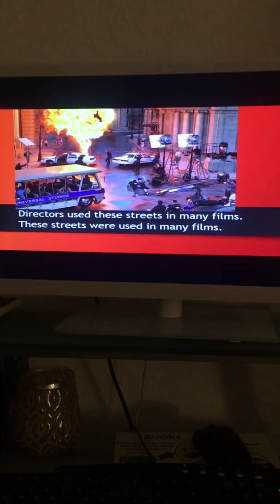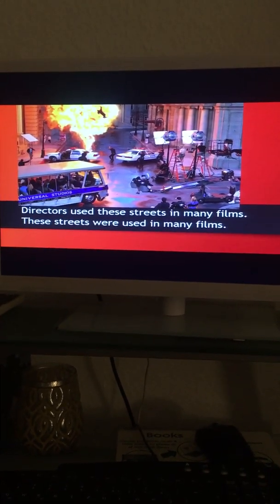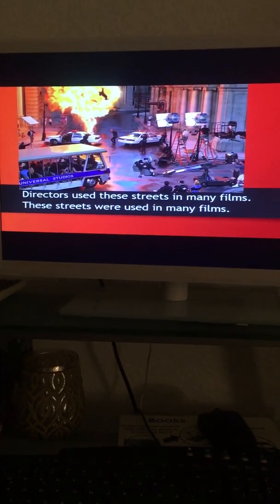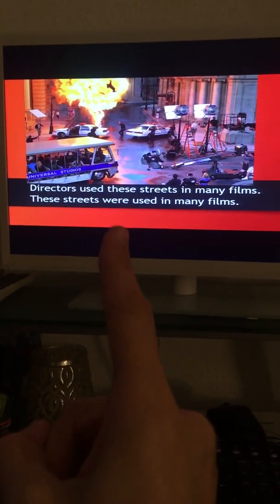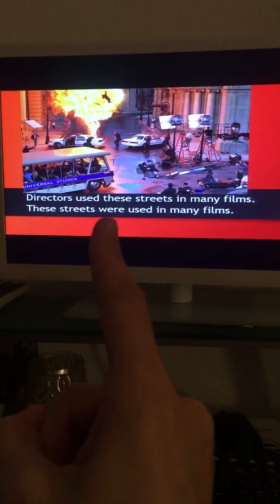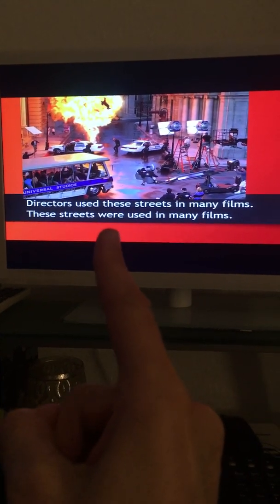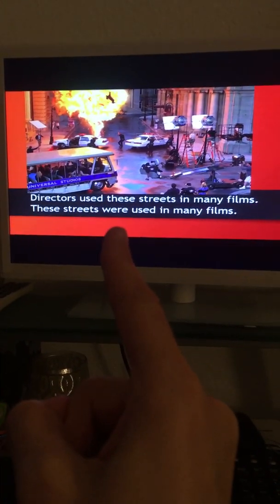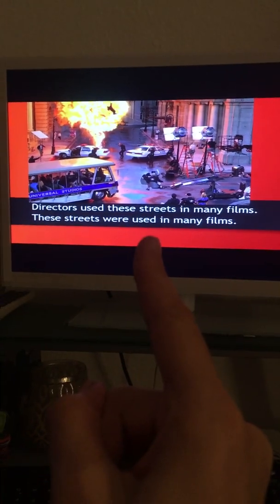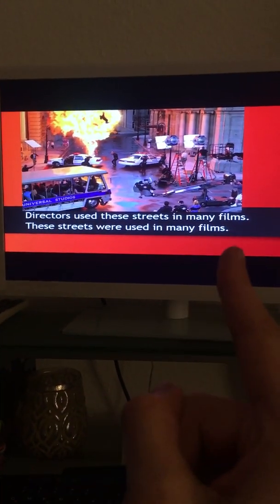Yes, it's the second one again. These streets at the beginning. Then we've got were, which is a form of to be, but in the past tense. The streets were, and used, past participle, in many films.